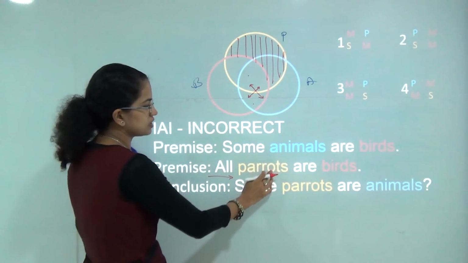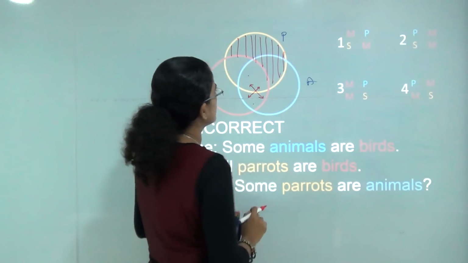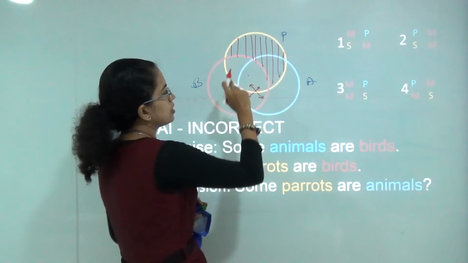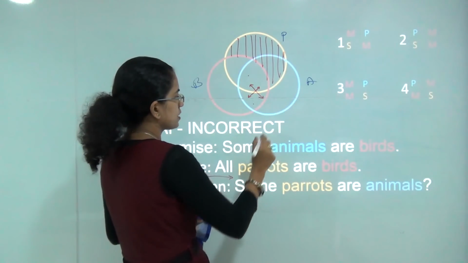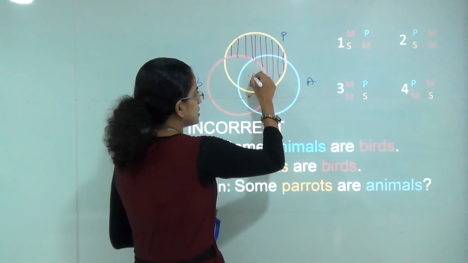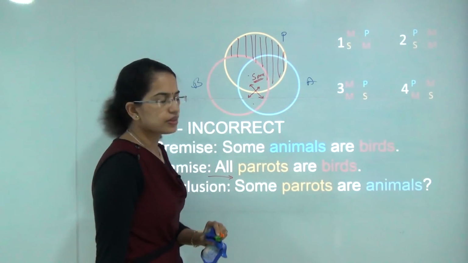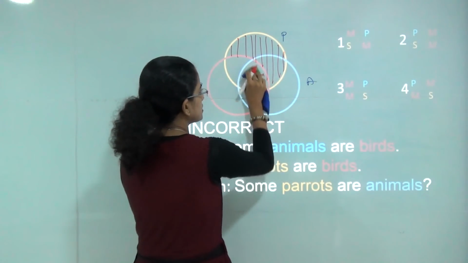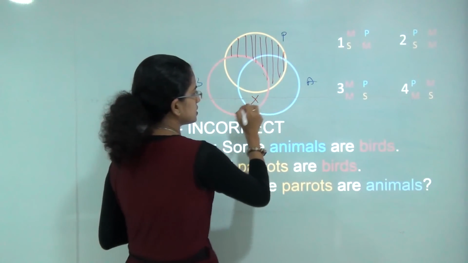Now based on this, can I draw a conclusion that some parrots are animals? To draw a conclusion that some parrots are animals, I definitely need that this is the region where some animals or birds should be, but there can be a case where some animals or birds is just this region.